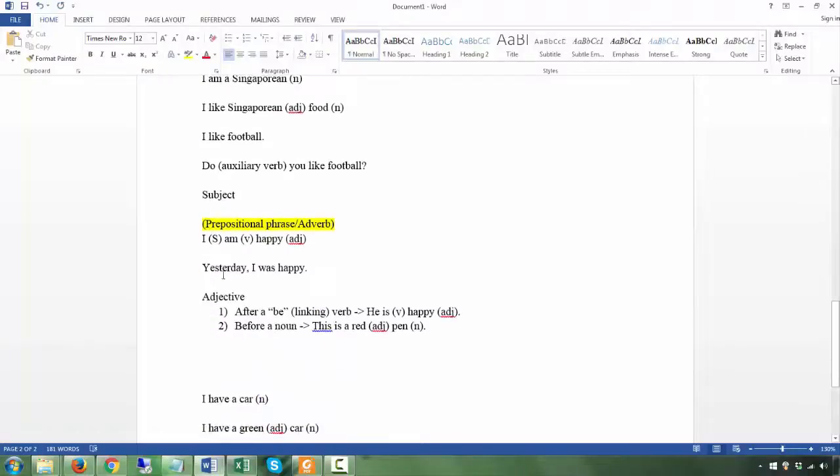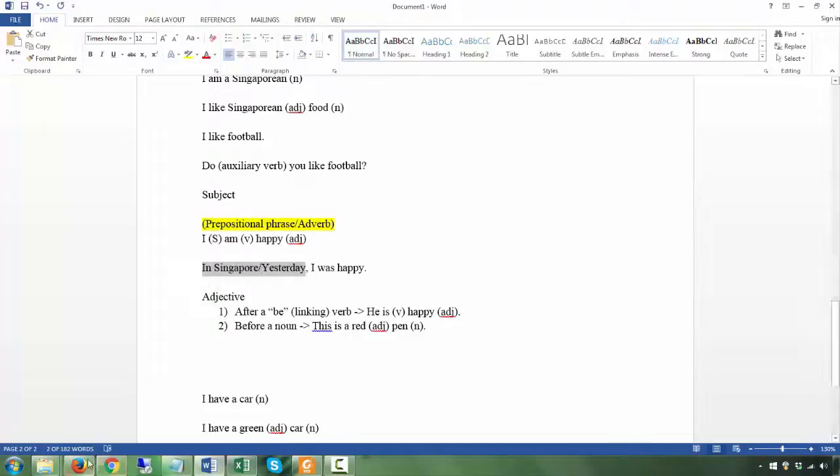You have your subject plus verb, your clause, and you could say yesterday, which is an adverb, or a prepositional phrase like in Singapore. These are optional.